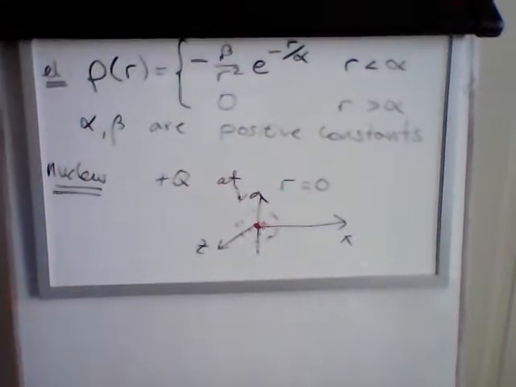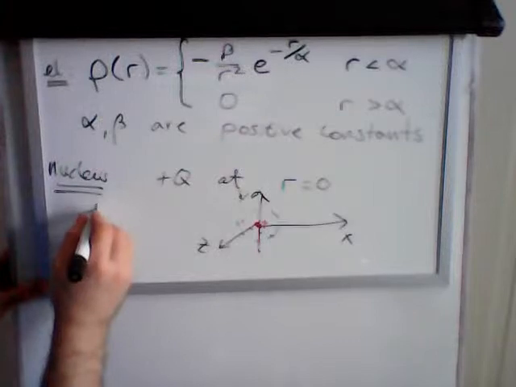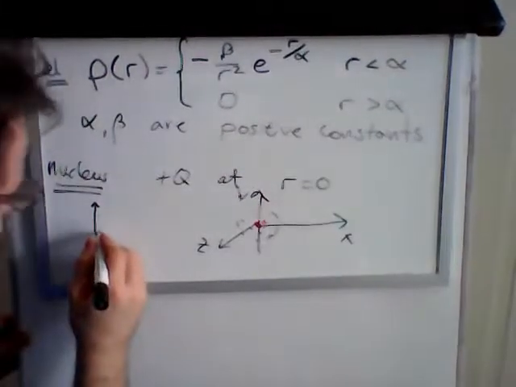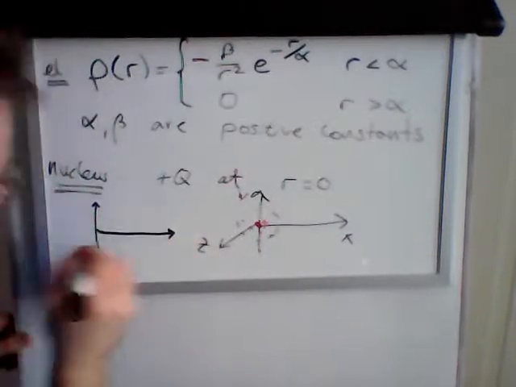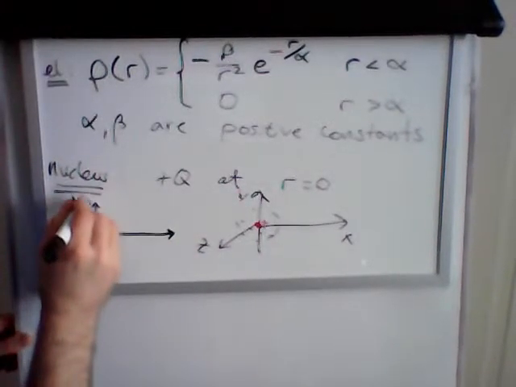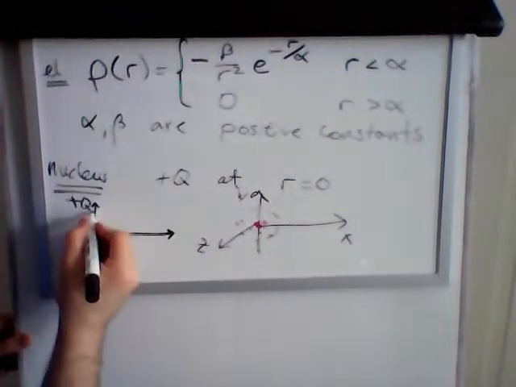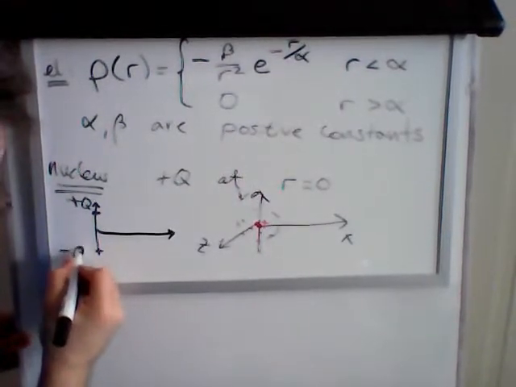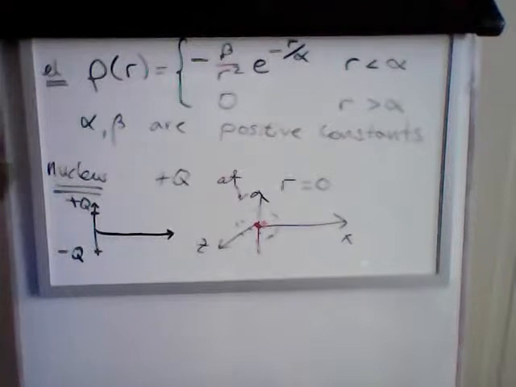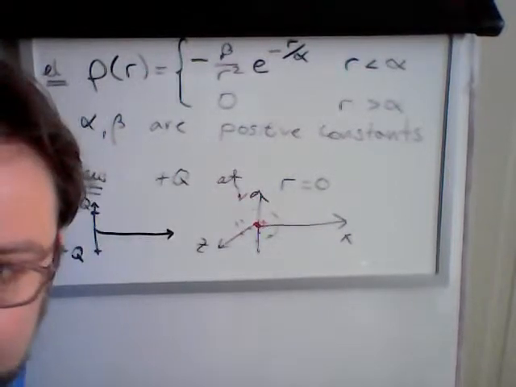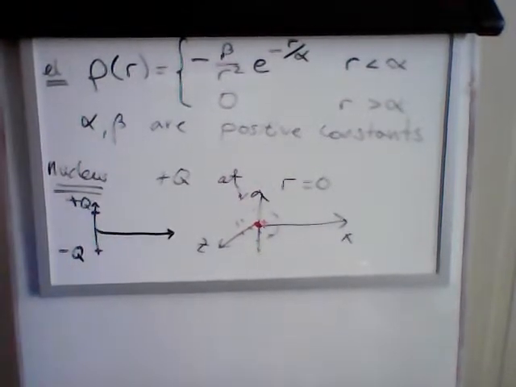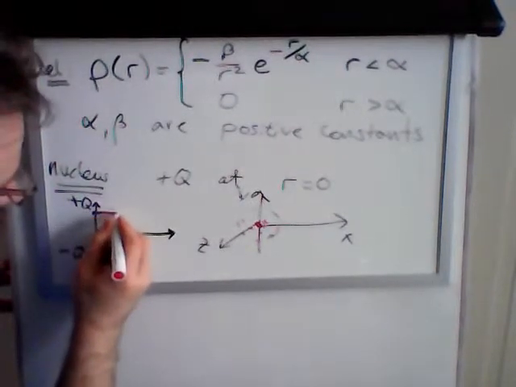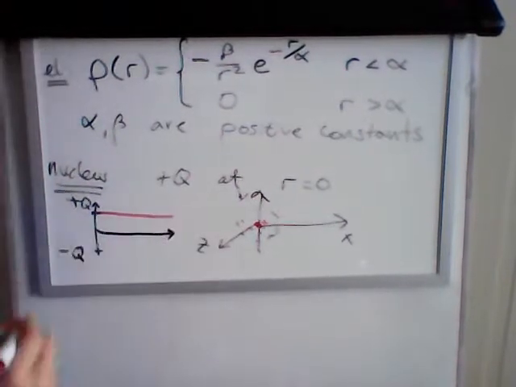Okay, so for a graph of how much charge is included in our Gaussian surface for the positive charge, no matter what radius we choose, we're going to get all of the charge included.